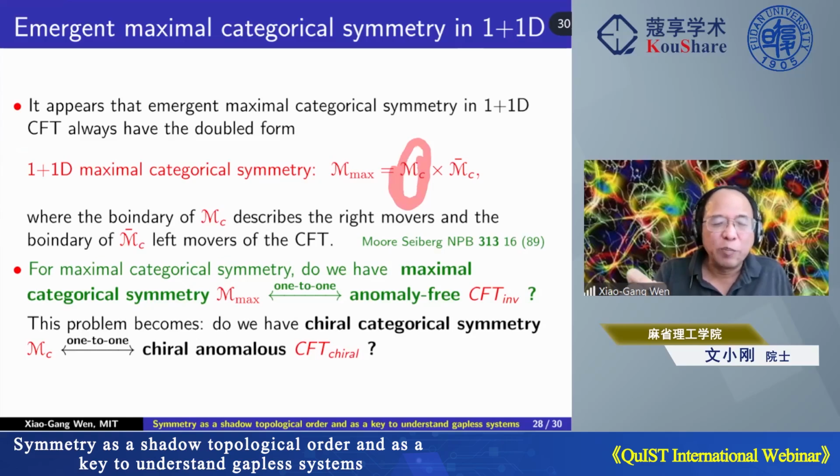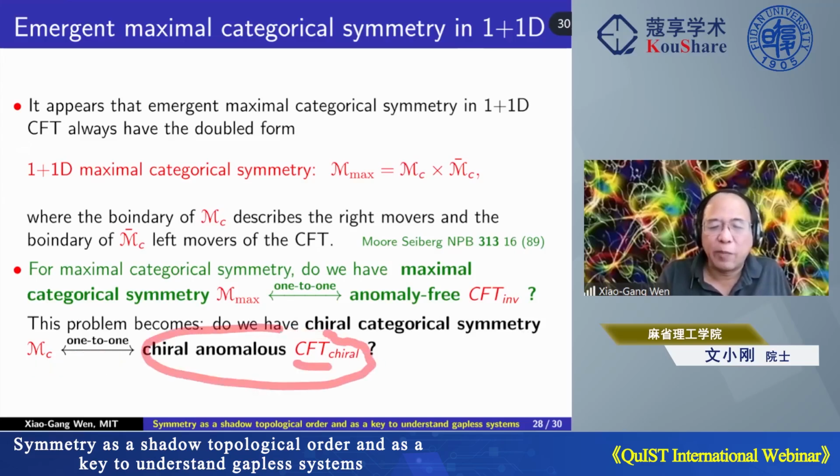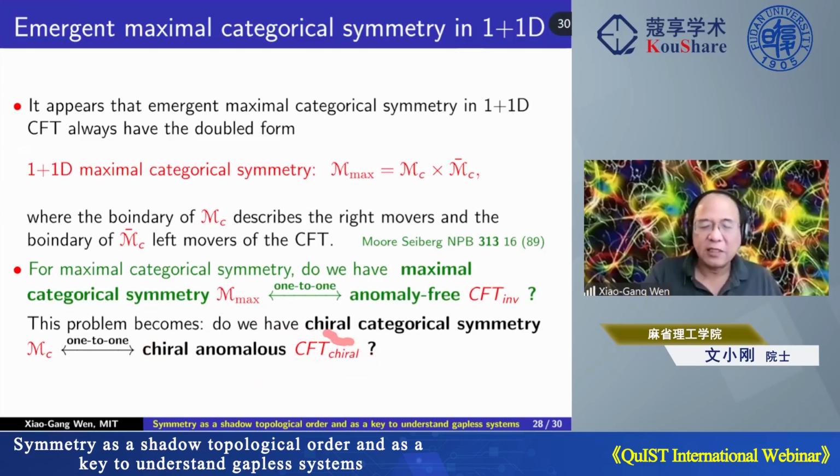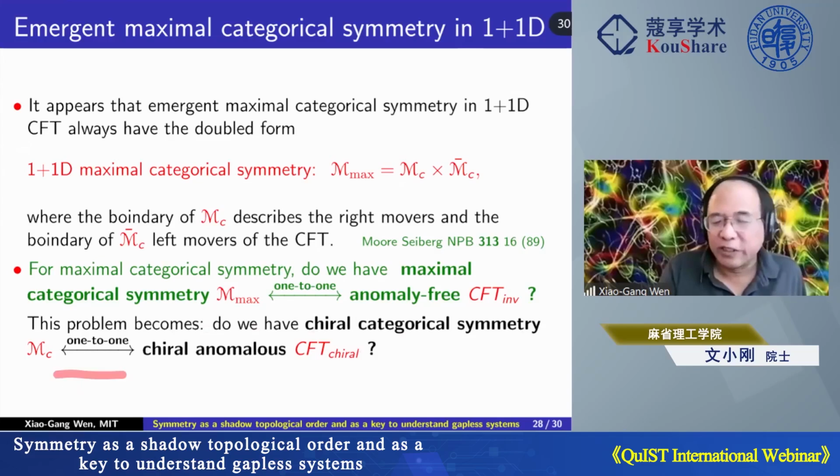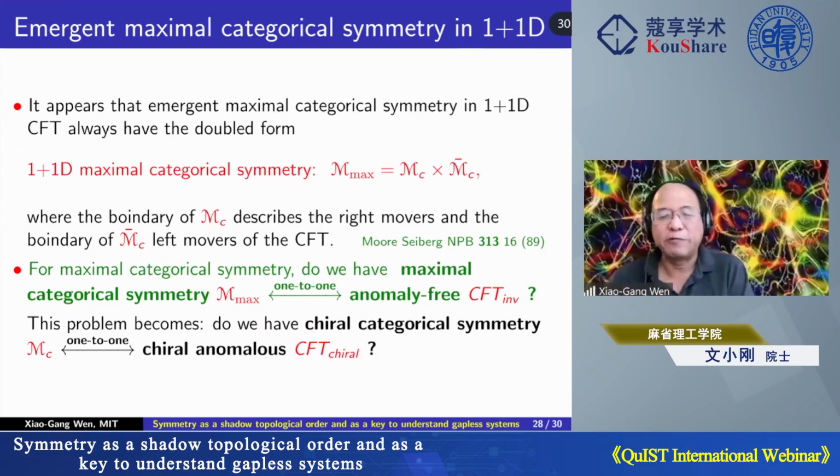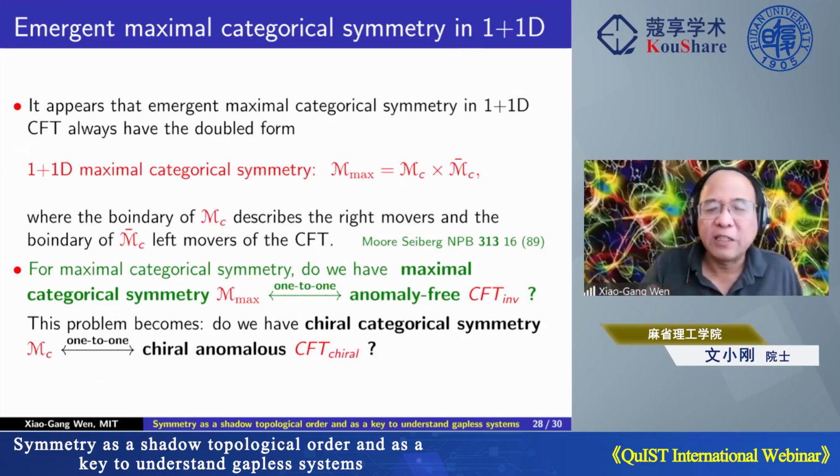So for the chiral categories, we call this half a chiral categorical symmetry. This chiral categorical symmetry may have a one-to-one correspondence with purely chiral anomalous CFT. Yeah, so this may be the message from this doubled version.